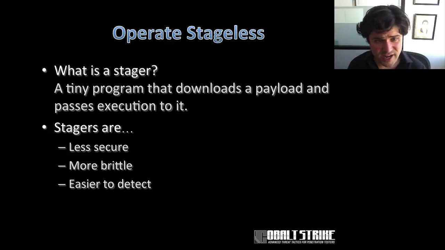They are also brittle, because they're tiny programs written in hand-optimized assembly. They don't cater well to failures or retrying. Some Cobalt Strike stagers do try a couple of things in some cases, but for the most part, they are fragile. They're a very fragile part of your attack chain.